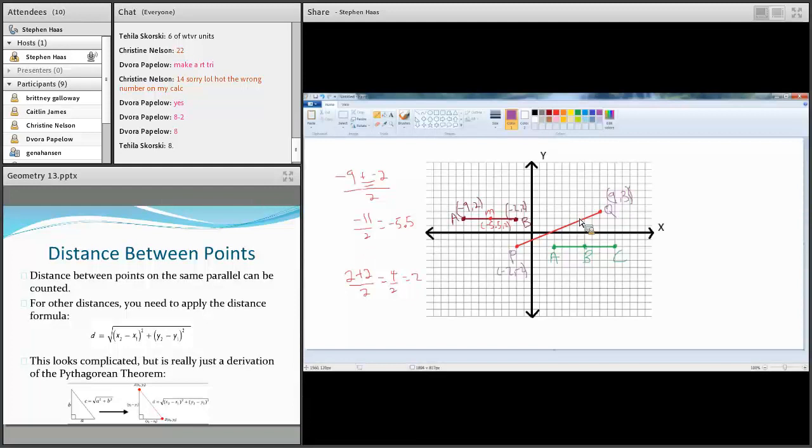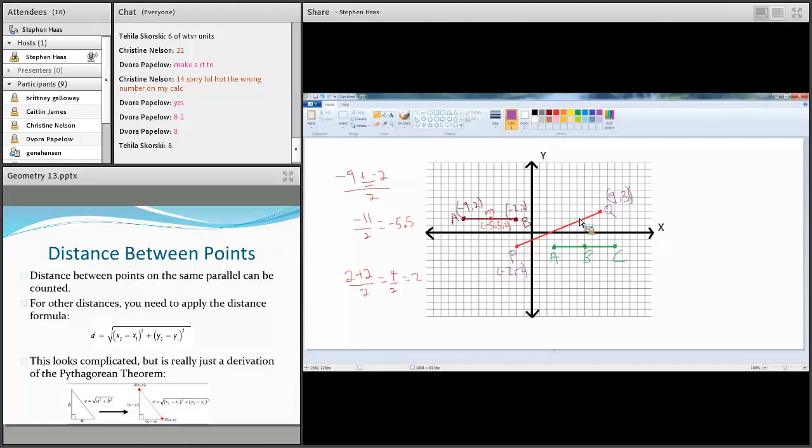And if we applied the distance formula, by the way, we would get the same number. Let's prove that. Distance is the x2 minus x1. So x2 minus x1 is 8 minus 2, squared, plus y, which is 10 minus 2.